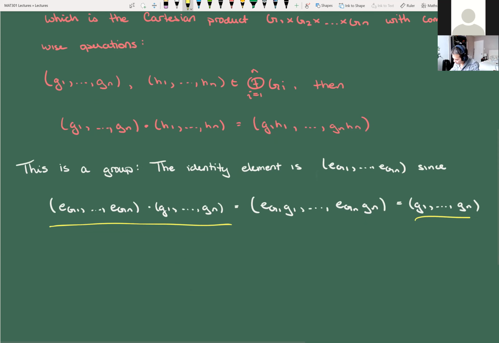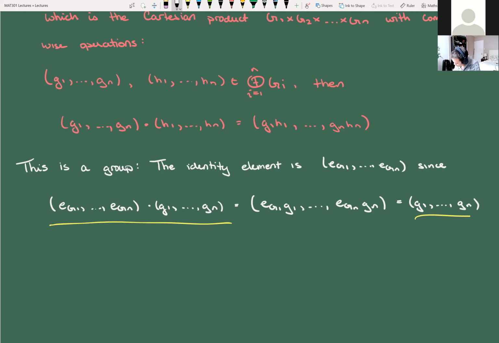And inverses again really do what you want them to do. So the inverse of this n-tuple is just the n-tuple of inverses. To find the inverse of that n-tuple, you just take the inverse of each of its components.